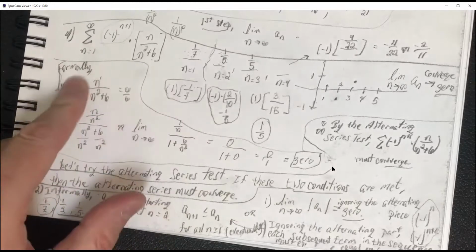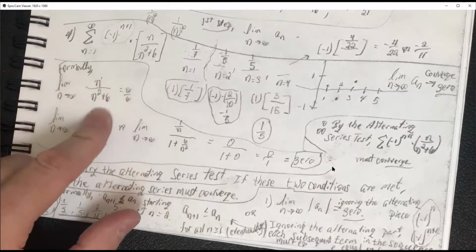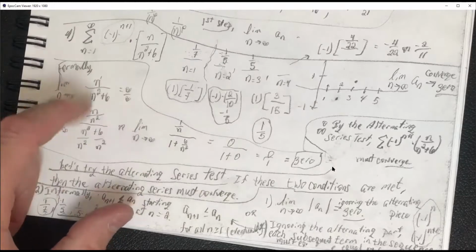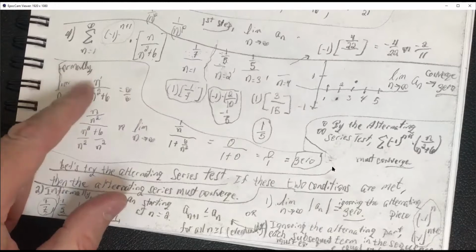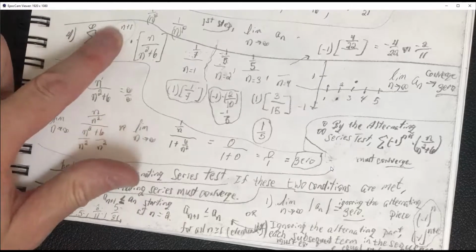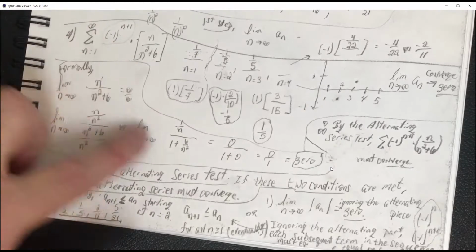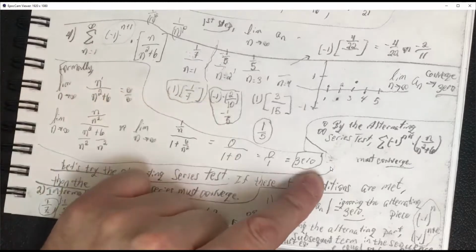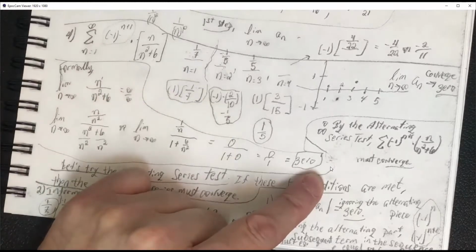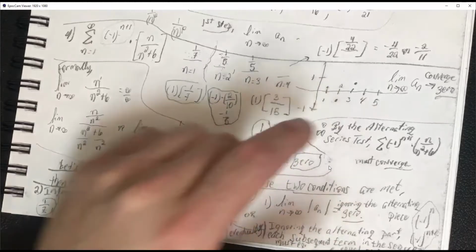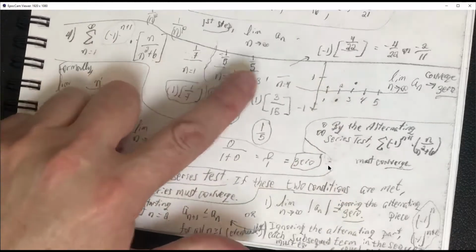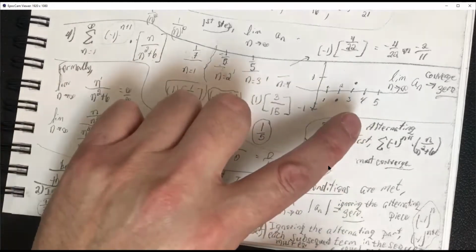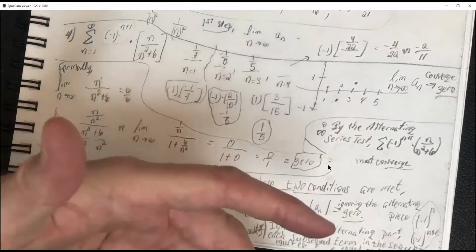We took the limit formally of the terms of the sequence, and we already know they're alternating. So that's why we ignore that (-1)^(n+1) when you take the limit, and we did get 0, which means these individual terms are getting closer and closer to 0, but in an alternating sense.